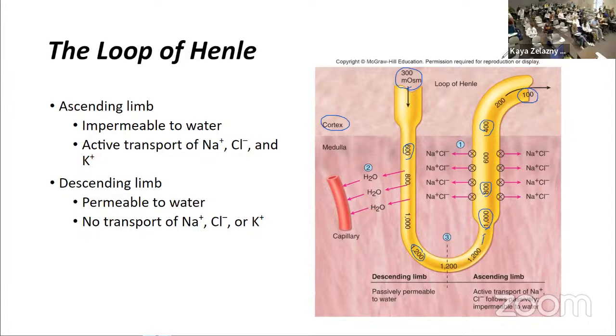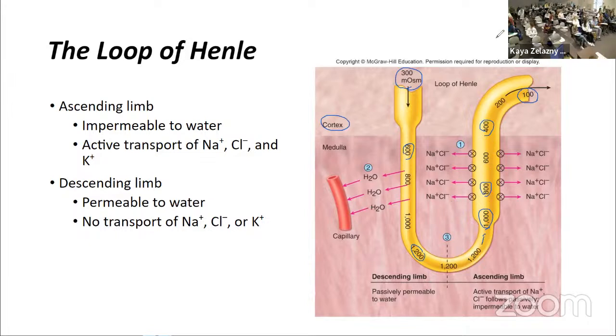So water is not able to cross the membrane of this ascending limb. Okay. The role of the ascending limb instead is to increase the solute concentration of the renal medulla that surrounds it at the same time as it's decreasing the osmolarity of the tubular fluid or the filtrate traveling through.